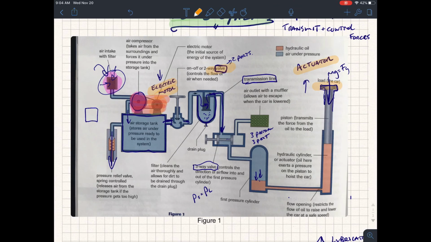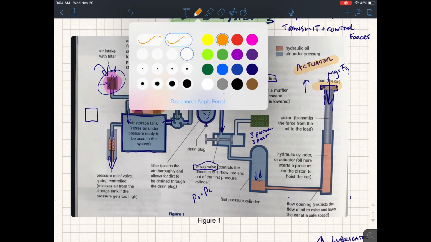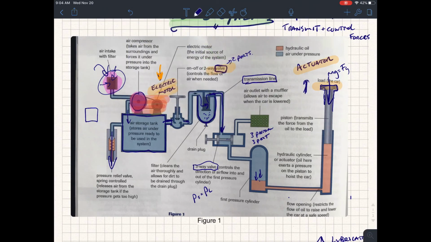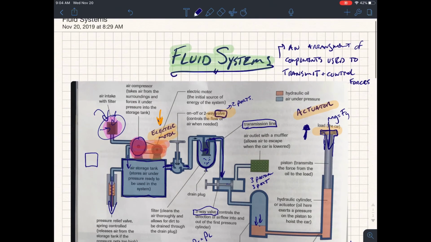And a large variety of valves can be used, which allows for greater versatility of control of the forces and pressures within these systems. You got to know that you need some kind of input, usually in the form of electricity, and then some kind of output, which is the word that we give for the mechanical device that is an actuator. It transmits or transforms the fluid pressures and forces into a mechanical force.